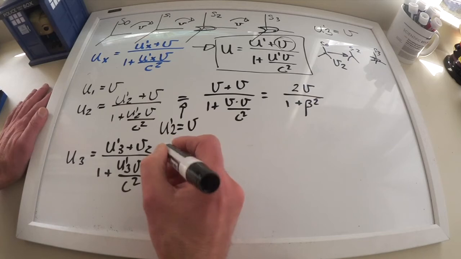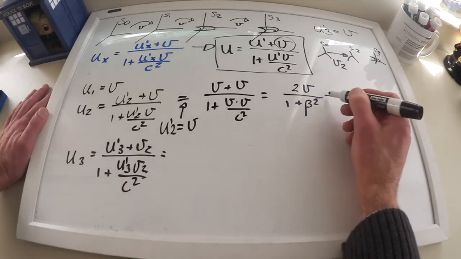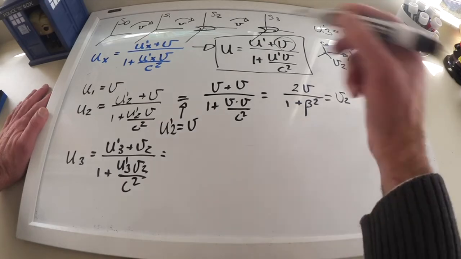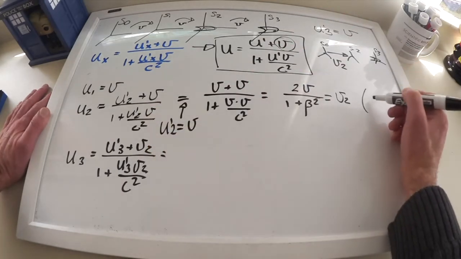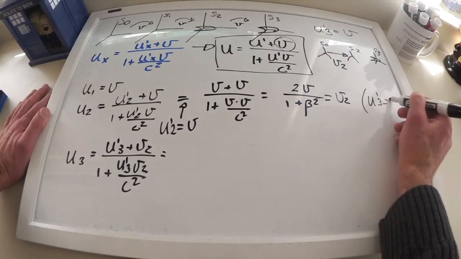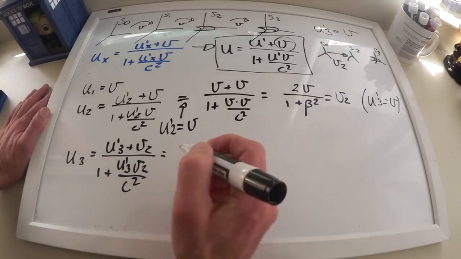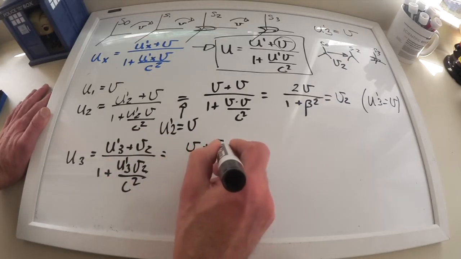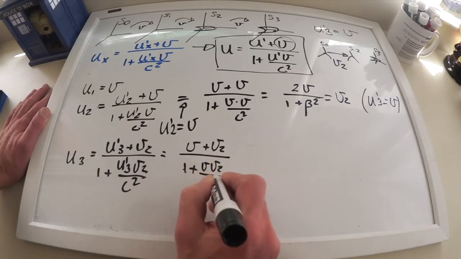Now this v2 is all this term here, the velocity of reference frame 2 with respect to the Earth. And u prime 3 equals v, which as a matter of fact was written up there. So let me substitute things here: v plus v2 over 1 plus v v2 over c squared.